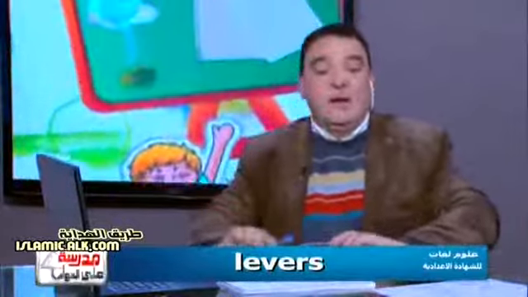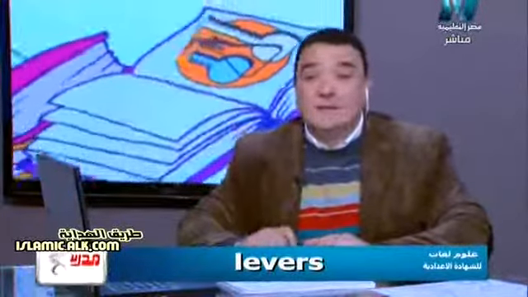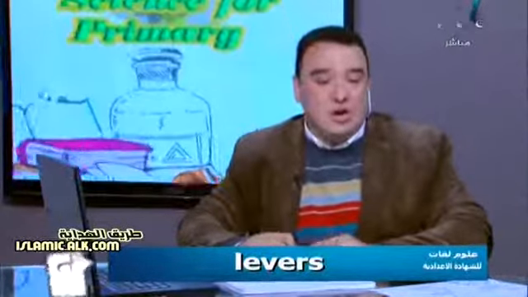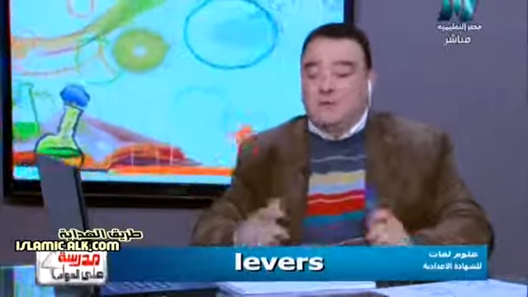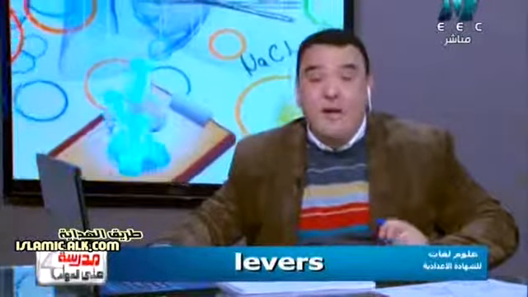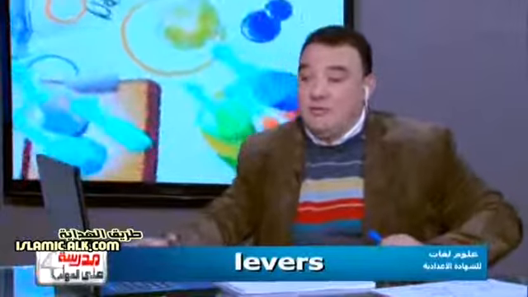So again, a lever is a rigid bar, straight or curved, that rotates around a fixed point called the fulcrum and is affected by two forces, the resistance force and the effort force, or the effort force and the resistance force, whatever. It's not important which one is said first. So again, a lever is a rigid bar. Let's see the definition together again. It is a very important definition for the lever.